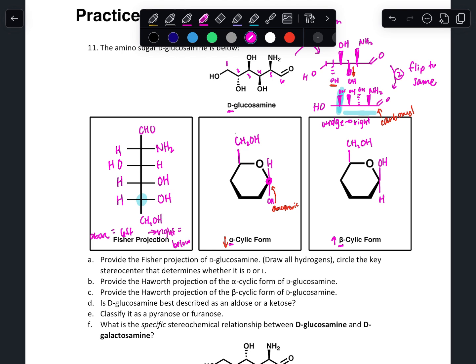So we have our nitrogen goes down, our OH goes up, and this OH goes down. And that'll be the same on both cyclic forms. And then we can fill in our hydrogens.